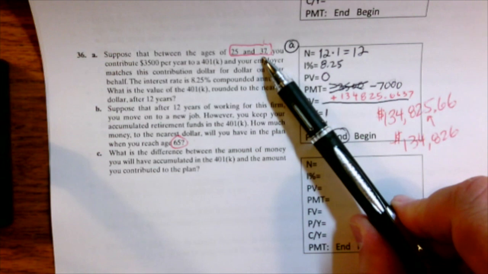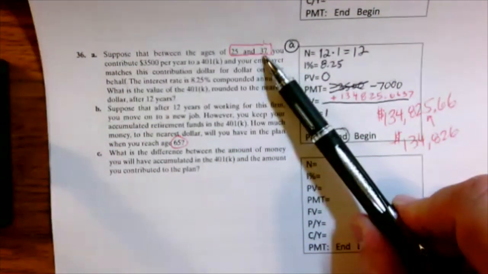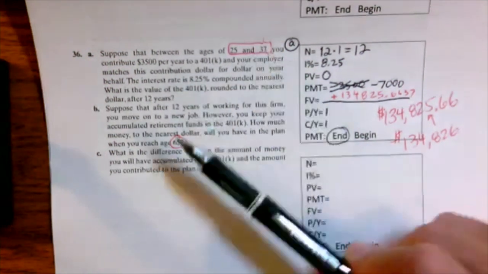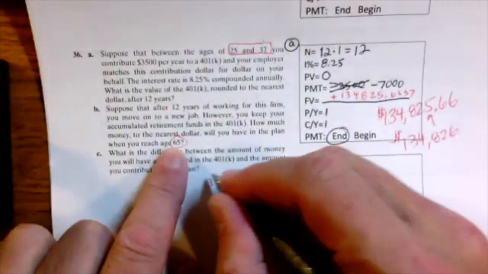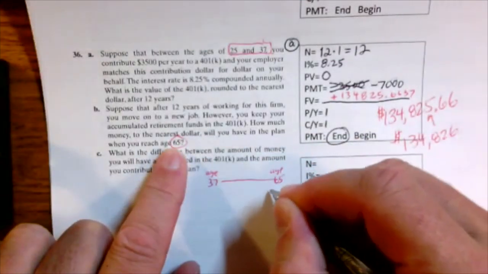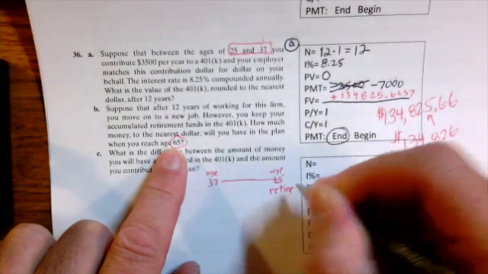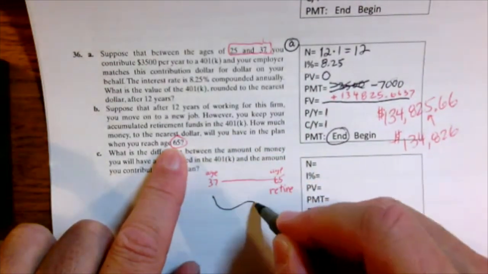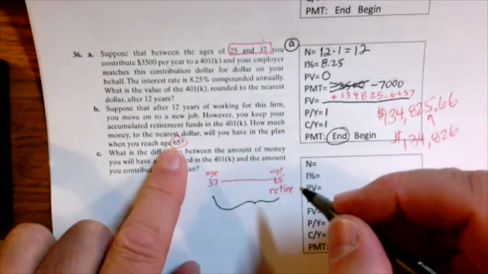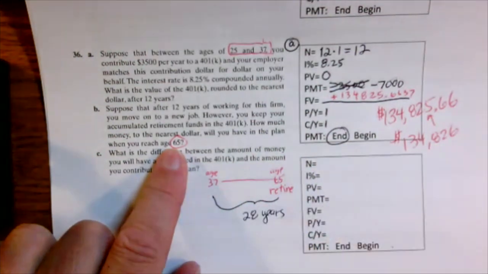Now the same employee is going to work for how many additional years after leaving this company if this employee plans to retire at age 65? So 37 and then age 65 retire. All right, so do the subtraction. What is that, 25? 28 years.